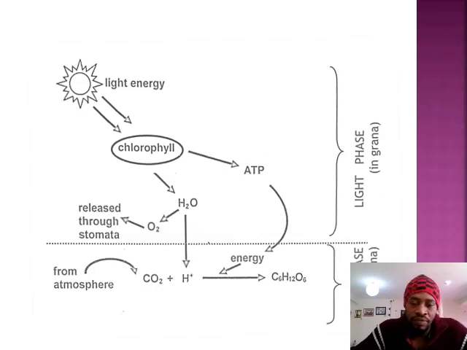So as a recap, we have in the dark phase carbon dioxide coming from the atmosphere through the stomata, through the membranes of the chloroplast. The carbon dioxide is then going to bring along carbon and oxygen, which will combine with hydrogen, which has a lot of energy coming from the light phase, and again added to the energy to make these molecules combine.